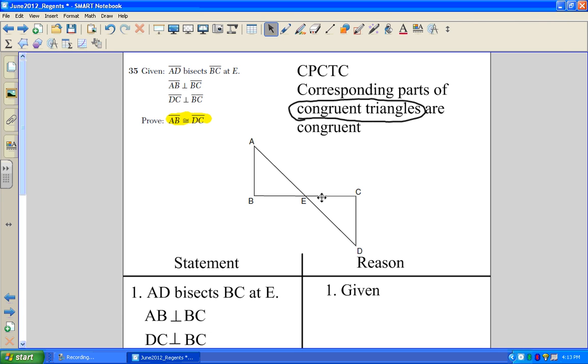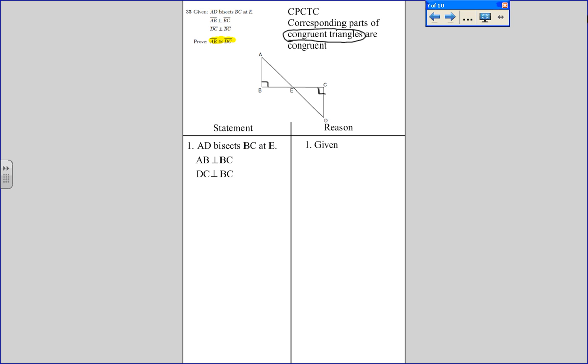Okay, so let's prove that these triangles are congruent. So here's what we know. We know that AB is perpendicular to BC, DC is perpendicular to BC. So what that means is angle B is 90 degrees and angle C is also 90 degrees because perpendicular lines make 90-degree angles. So angle B and C are right angles.